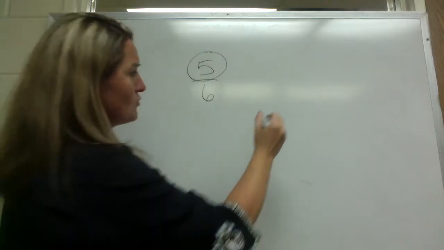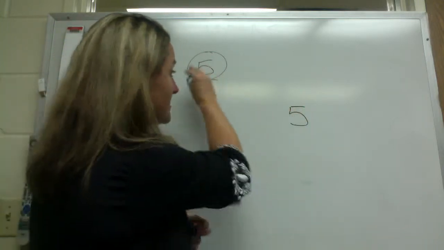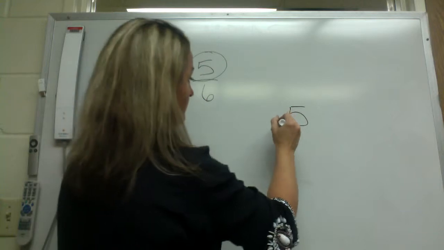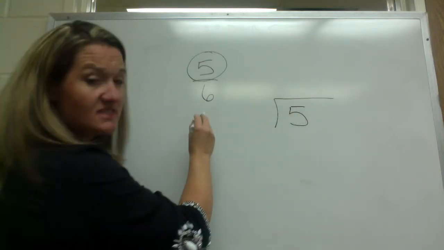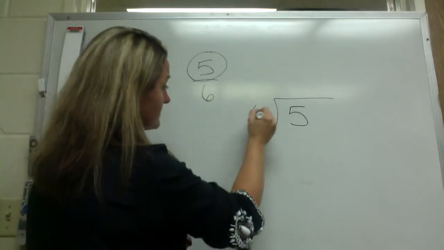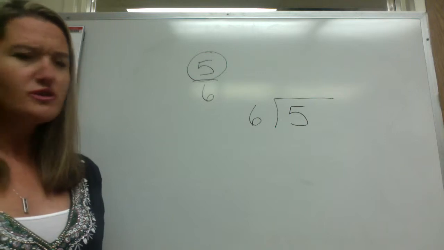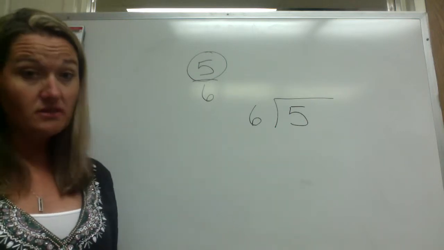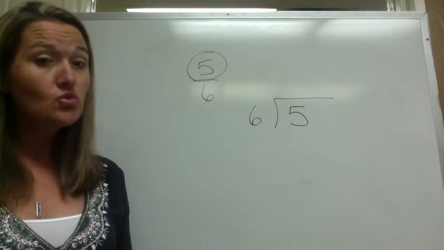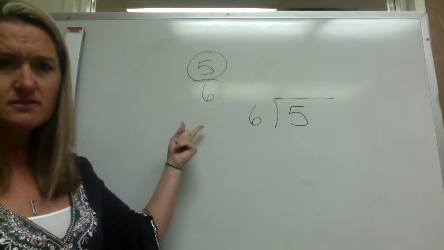We're going to make a division equation, and we're going to put the top number in the house. This is the dividend. Now we've got the 6. The 6 is going into the 5. I know that seems strange because 6 doesn't go into 5, which makes sense because we're going to have a decimal. The answer is going to be less than 1, because we know 5/6 is less than 1.